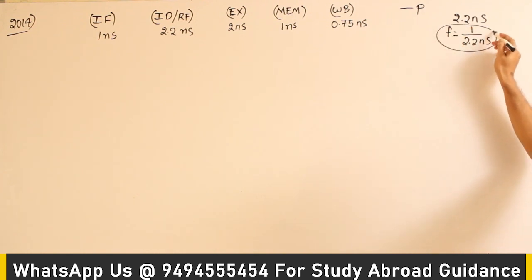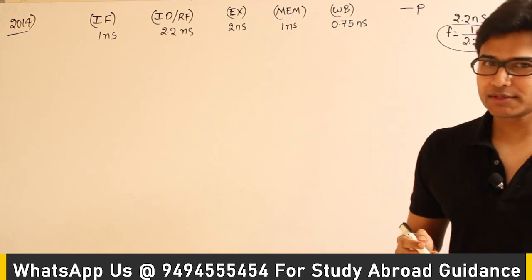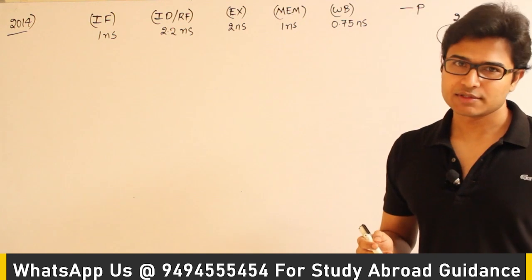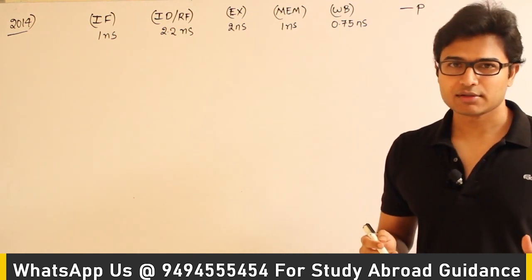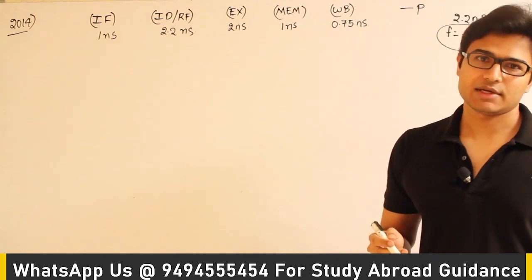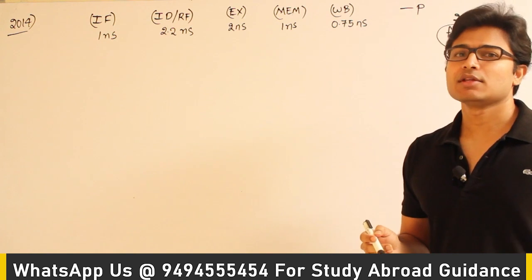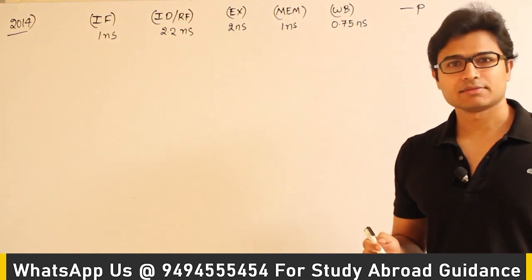Now we know that the frequency of the clock indicates the number of clocks per second, which means the number of instructions per second. In a pipeline processor, the number of clocks per second will be equal to the number of instructions per second if everything goes well, which means if there are no stall cycles.